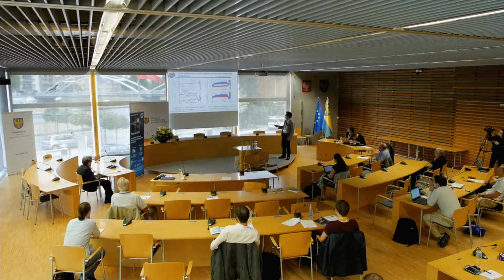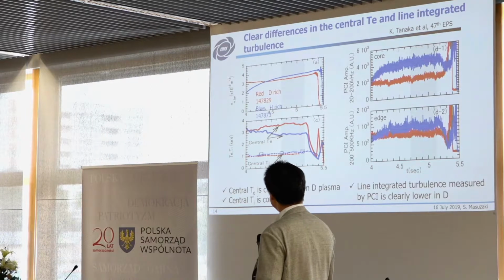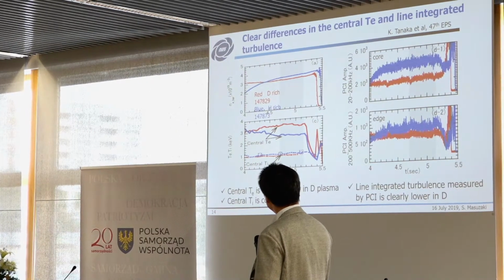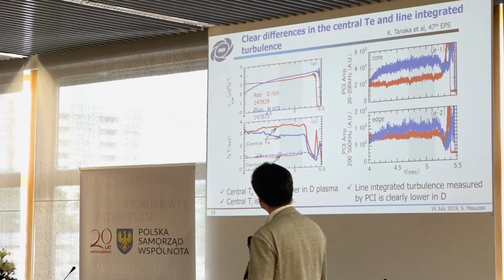So this is a comparison of two discharges. Red is deuterium rich and blue is hydrogen rich. This is the line average density. You can see not just the same waveform, but in this gray hatched part the density is almost the same.